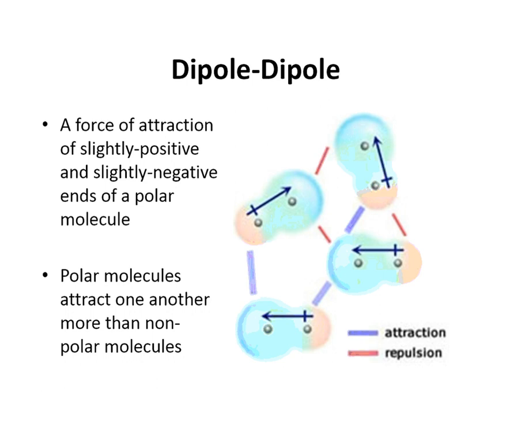So first, let's take a look at dipole-dipole forces. When we think dipole-dipole forces, remember, a dipole means you have a positive and negative end to the molecule. So if there's a dipole present, it means you have a polar molecule.